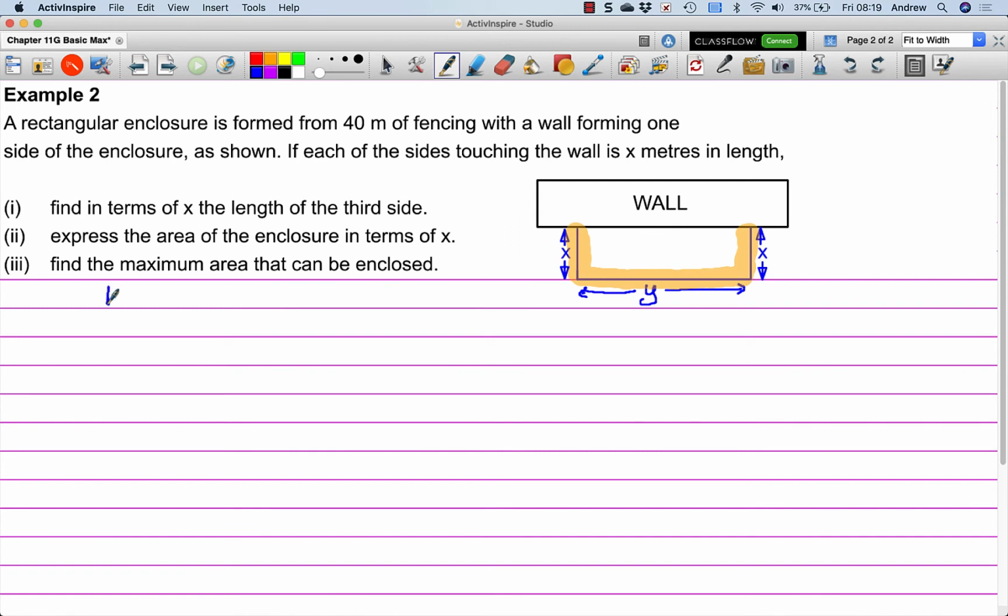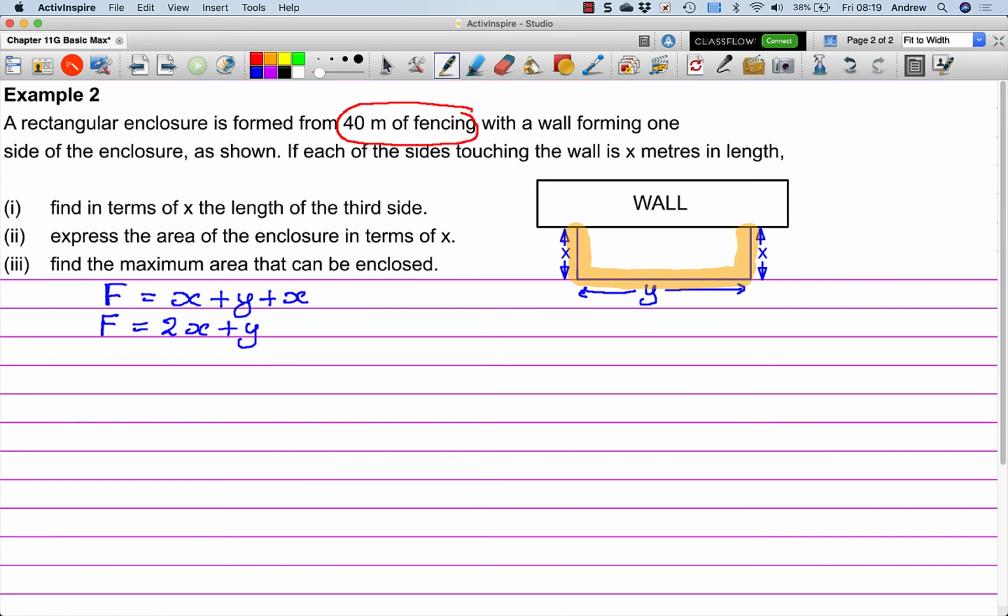So I know that the fencing length is equal to x plus y plus x. I know that the fencing is equal to 2x plus y. You get 5 marks for that. What else did they tell me? Well, they did tell me in the question that a rectangular enclosure is formed from 40 meters of fencing.